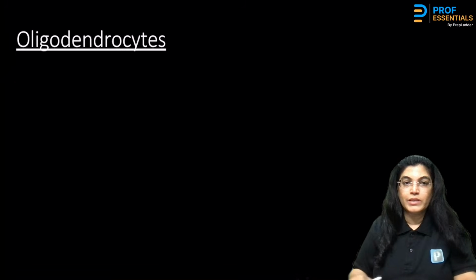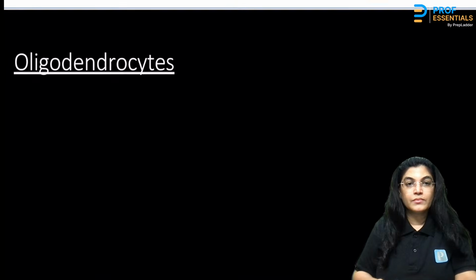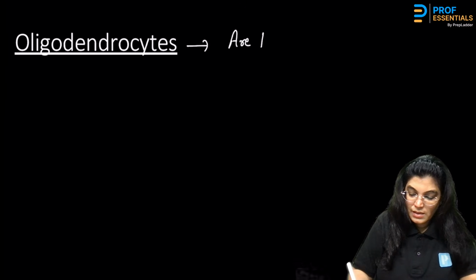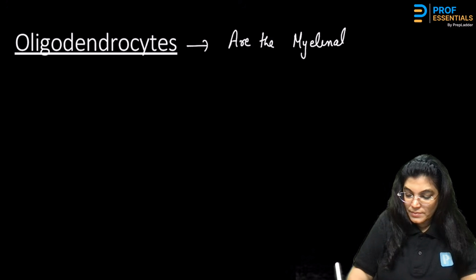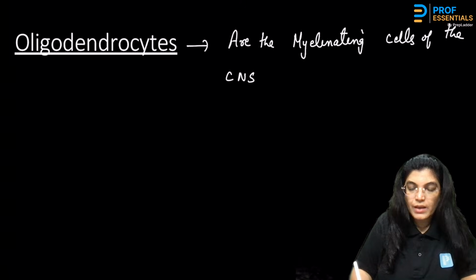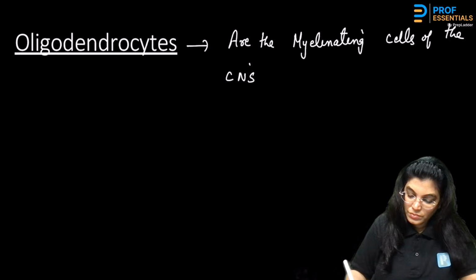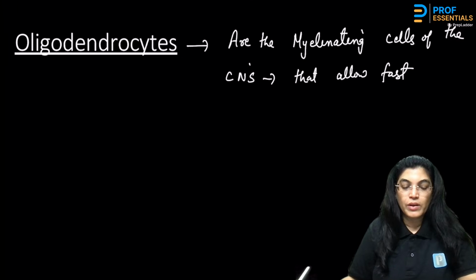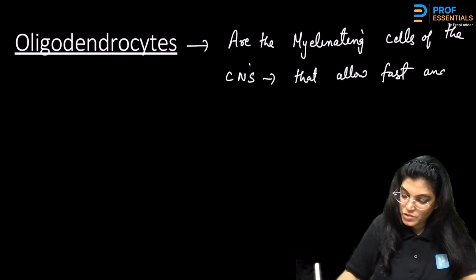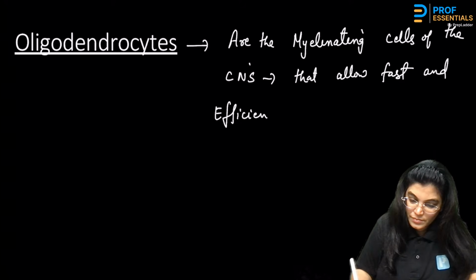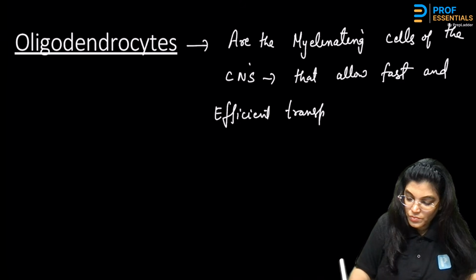So please write down about oligodendrocytes. Oligodendrocytes are the myelinating cells of the central nervous system that allow fast and efficient transport of neuronal communication.